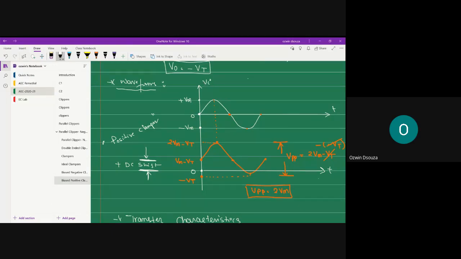If you consider an ideal diode, what will be the positive peak and the negative peak of the output waveform? Just type your answers in the chat box. Considering the ideal diode, what will be the positive peak of the output waveform as well as the negative peak of the output waveform? Type in your answers.